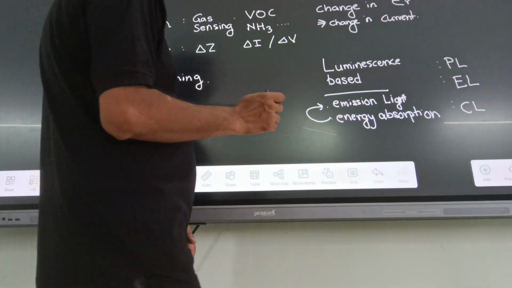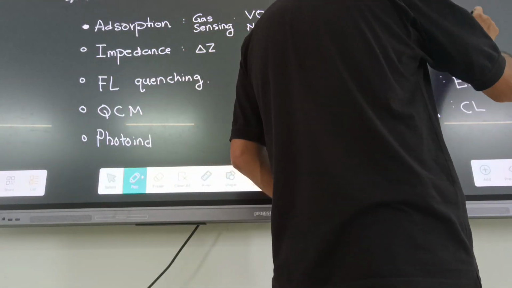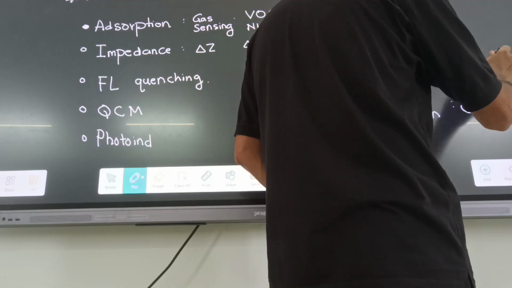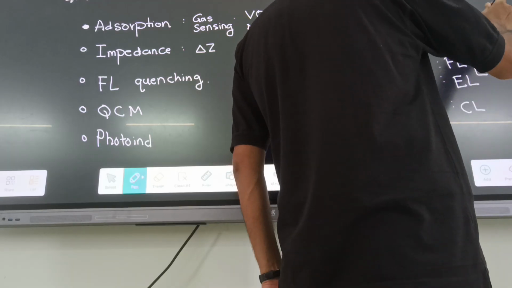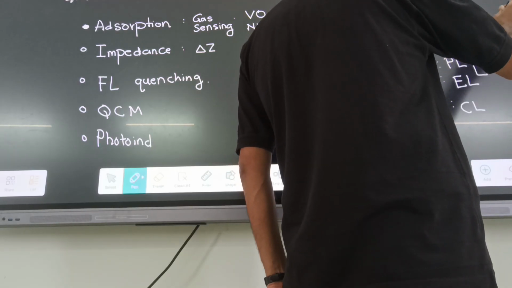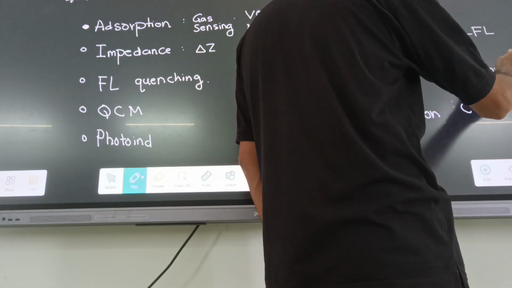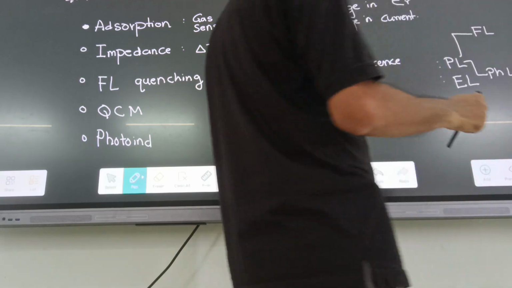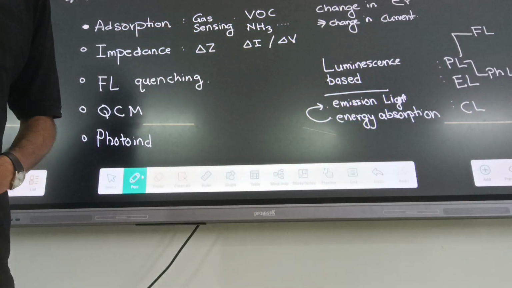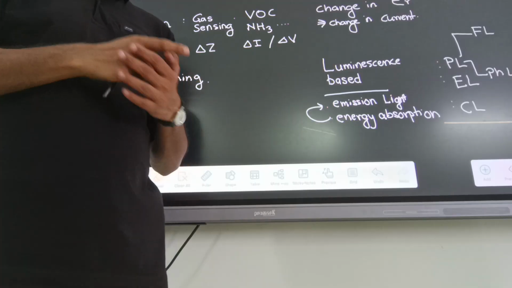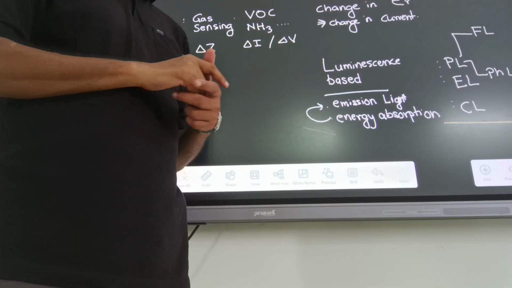Now photoluminescence also has two different categories. One is called fluorescence, FL. Another one is called phosphorescence, PH. इन दोनों में हल्का सा डिफरेंस है. Have you studied fluorescence, phosphorescence?